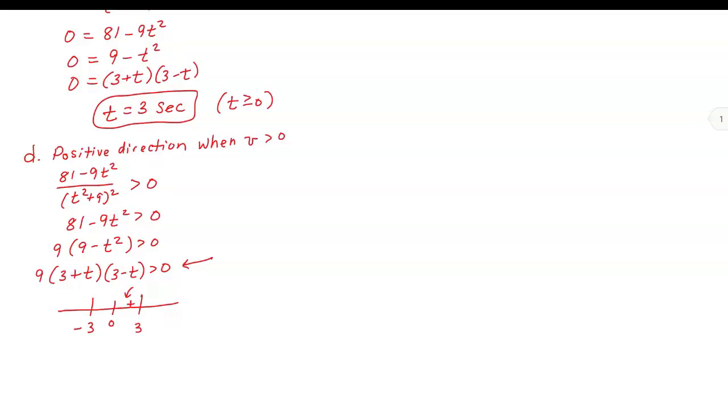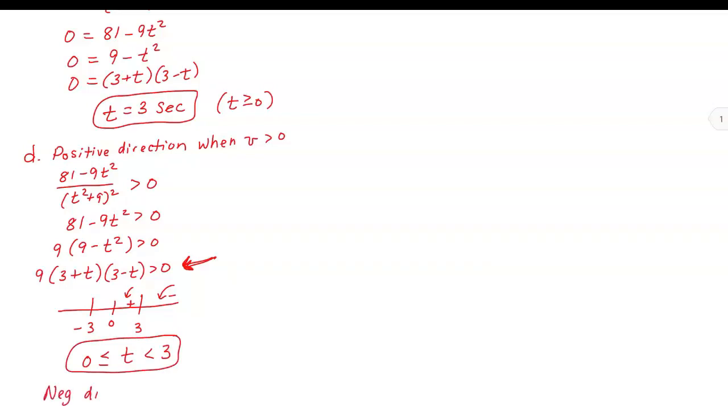And then if I try a number greater than 3, like 4, I'll get 9 times a positive times a negative, which will be negative. So the values of t for which this inequality is positive are between 0 and 3. That will not include 3 because it just asked when it's greater than 0. So our answer is just 0 to 3, not including 3.